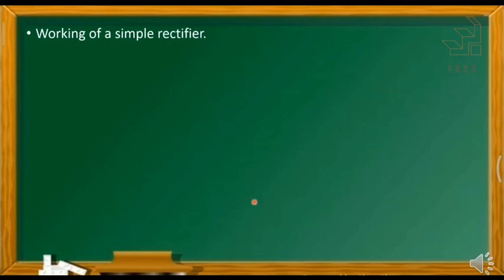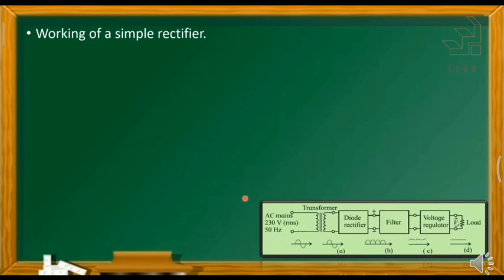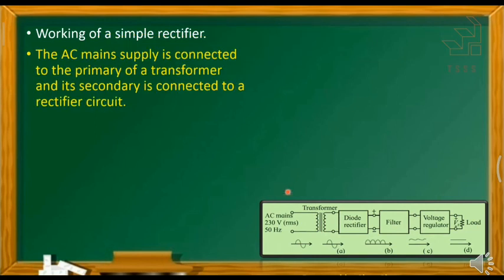Working of a simple rectifier. Coming to the working of a simple rectifier, my dear children, this is the circuit diagram. AC mains 230 volts.